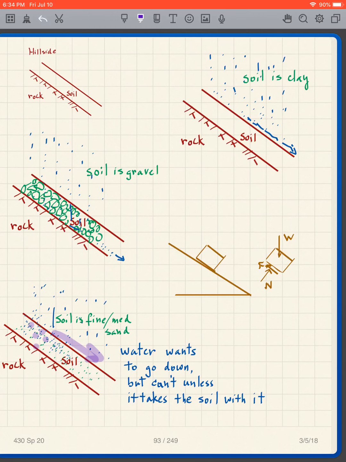So what happens is that this soil becomes saturated. It gets very heavy. It wants to go down, but it can't, unless it takes the soil with it, basically. So the concept is that when we have a heavy rainstorm and we start saturating this sandy soil, we could get a slope failure simply because the soil becomes heavier and wants to move downhill.